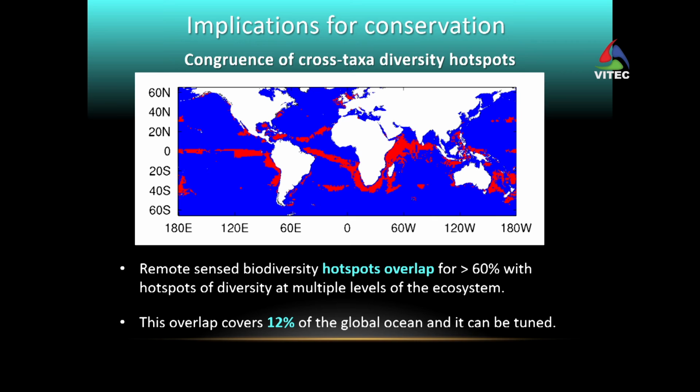So it means that, for example, if we choose these areas, we are able pretty much to conserve the highest biodiversity of planktonic species and also more than 60% of the highest diversity of all the other species.